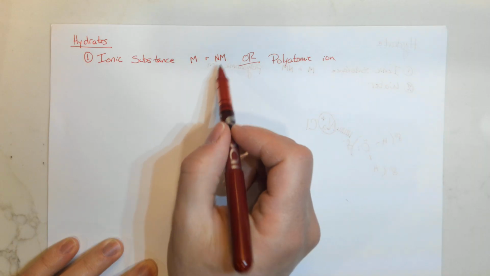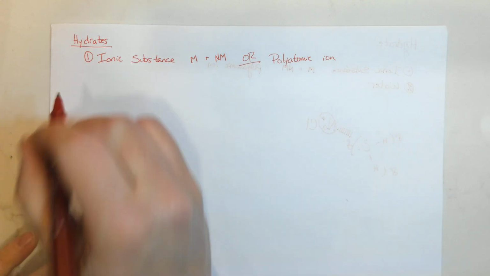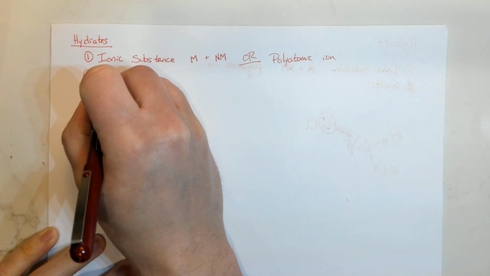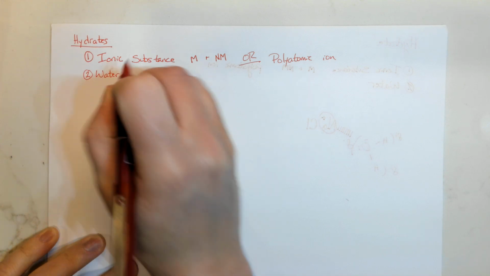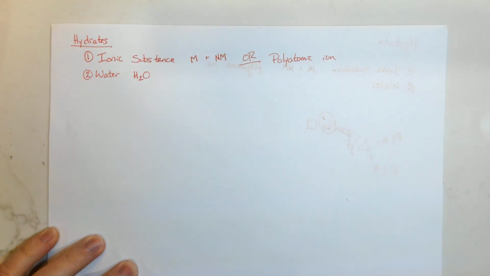Or in some cases, both of these things can be replaced by a polyatomic ion. Great. The second thing that we need here is water. As you'll remember, dihydrogen monoxide, H2O.